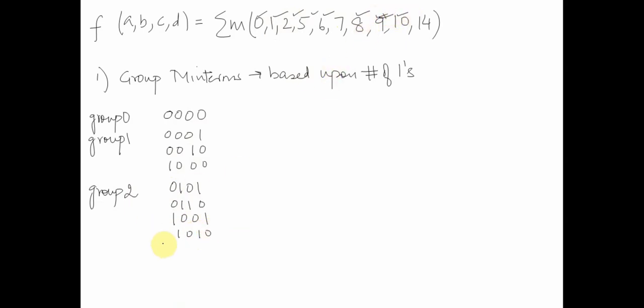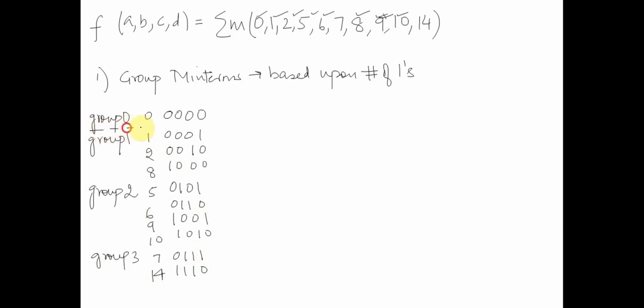And the remaining 7 and 14 have 3 ones. This is group 3. So the groups are: 0; 1, 2, 8; 5, 6, 9, 10; and 7 and 14.